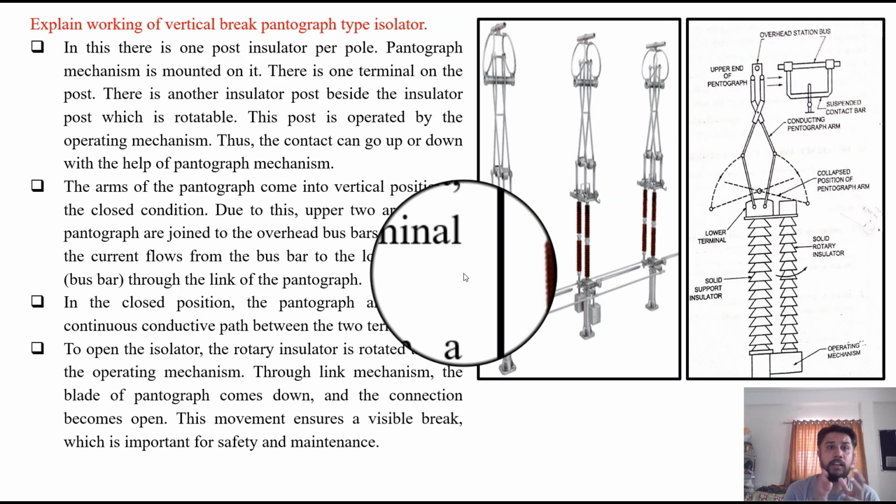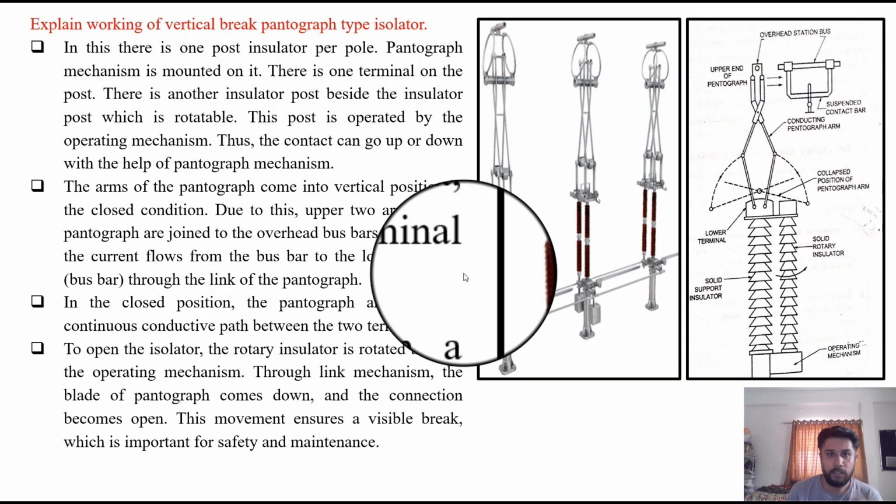Explain the working of the vertical break pantograph type isolator. In this there is one post insulator per pole. The pantograph mechanism is mounted on that post. There is one terminal on the post. There is another insulator post beside it which is rotatable. So the main post is the one on which the pantograph structure is mounted, and the other is a rotating type of pole structure.